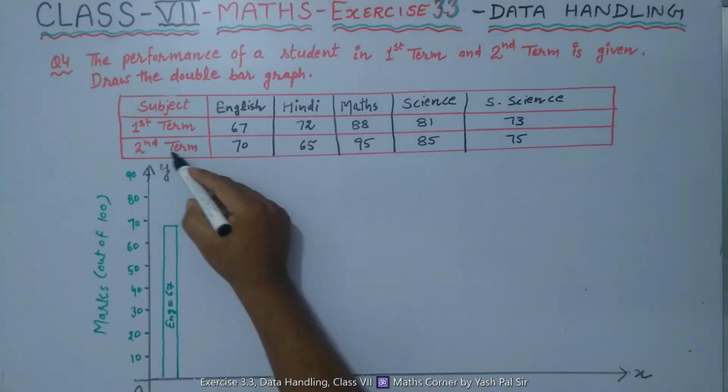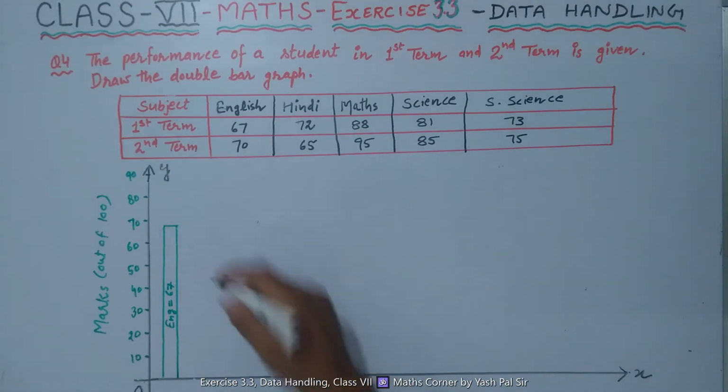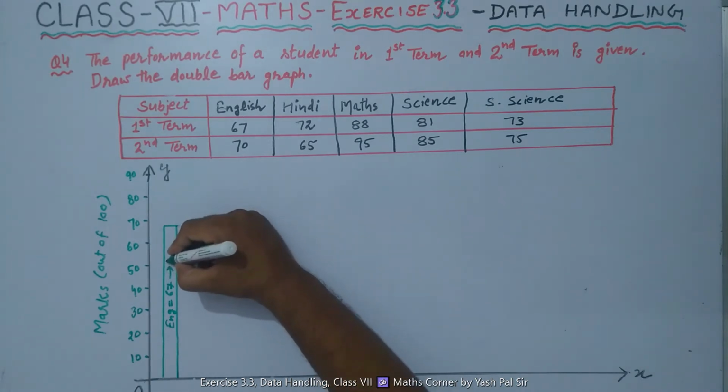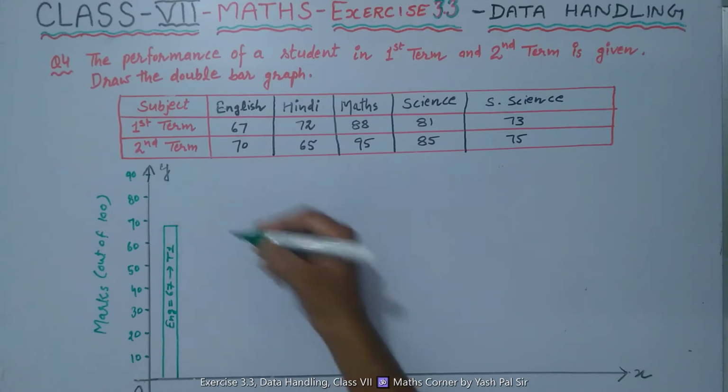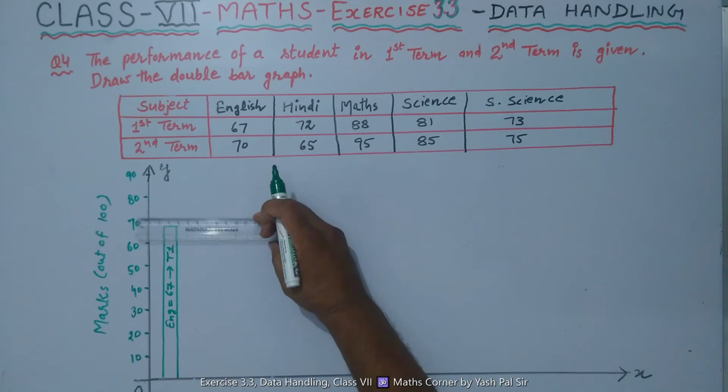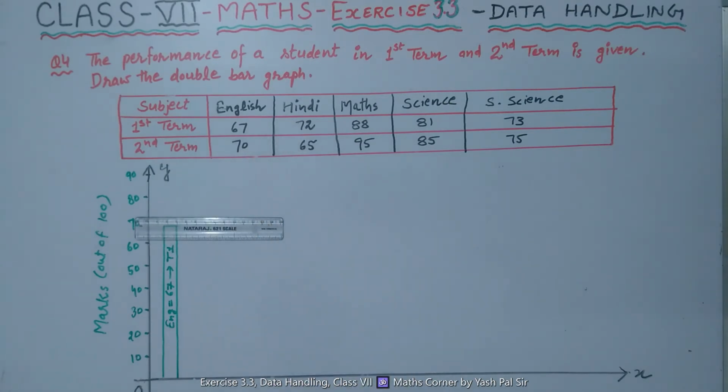In second term, first of all, this was in term 1. First term 1, right? Next is 70 marks in term 2.